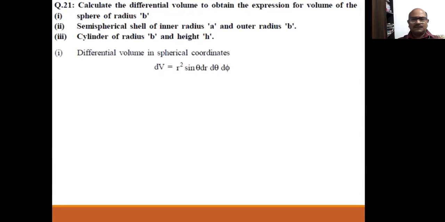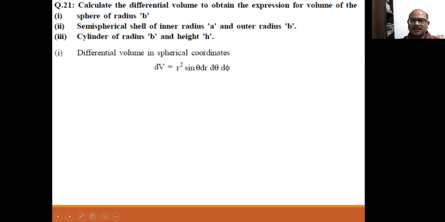We know that in a spherical coordinate system, because there is a complete sphere, as we have already discussed in the class for these coordinate systems, the small differential volume dv is equal to r square sine theta dr d theta d phi.